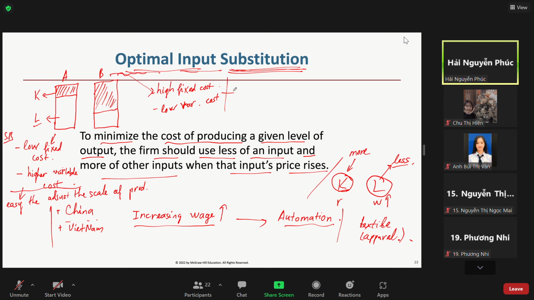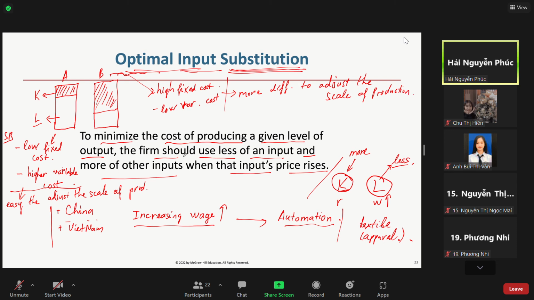As a consequence, it is going to be more difficult for them to adjust the scale of production. All right.